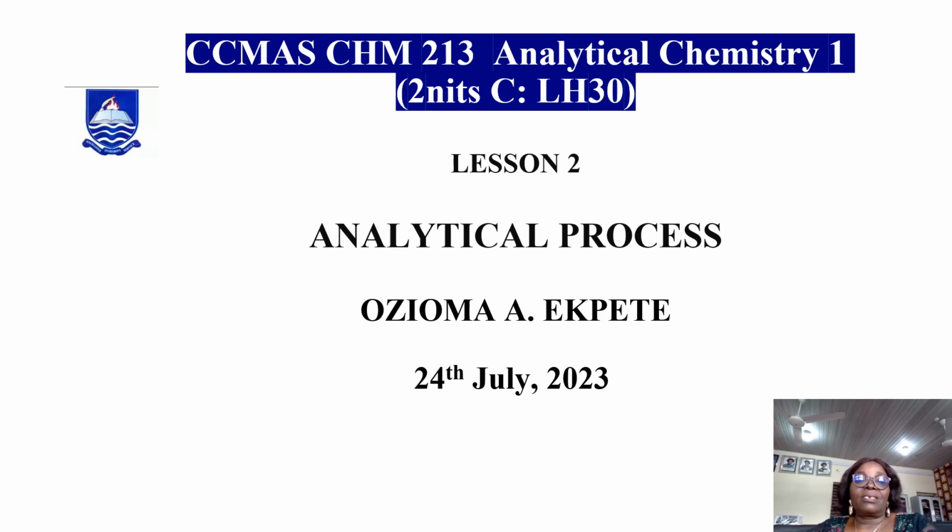In the last lesson, we studied what analytical chemistry is and who an analytical chemist is. Analytical chemistry is that branch of chemistry that concerns itself with chemical analysis, including the study of development of methods. An analytical chemist is a chemist that has extensive knowledge and understanding of the fundamental principles underlying the method he or she applies.